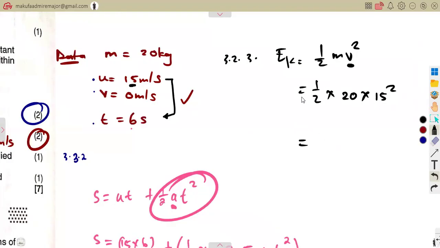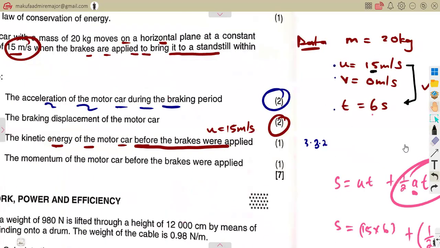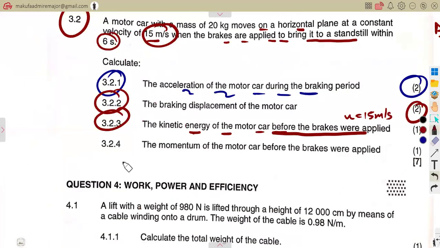So that's what they're testing you in this case. So it was going to be 2,250 joules. Remember, kinetic energy, you can also write in kilojoules if you want. Just divide that answer by 1,000.